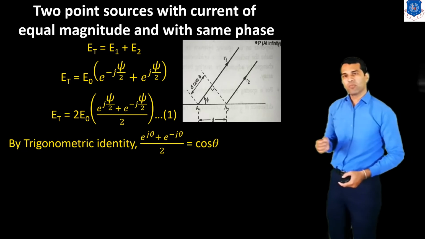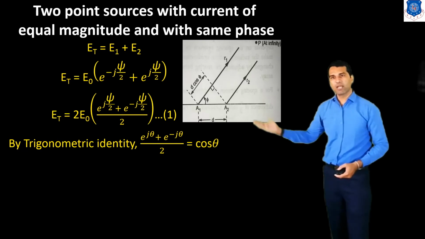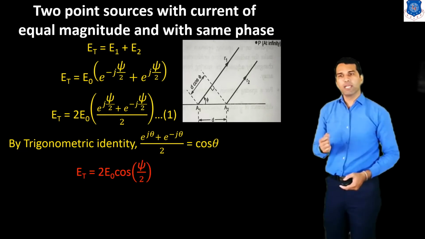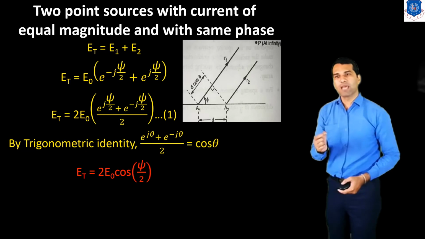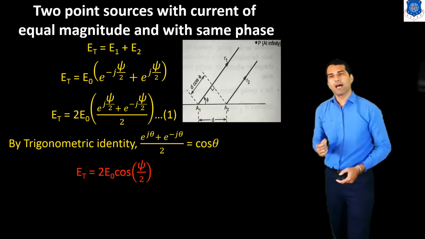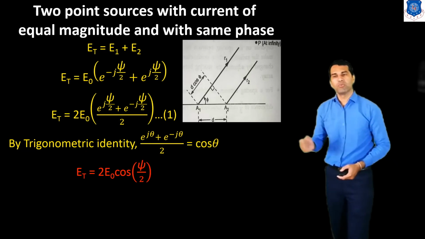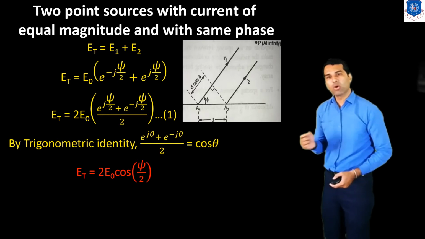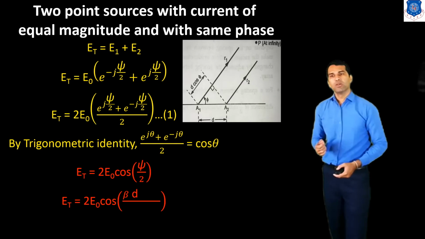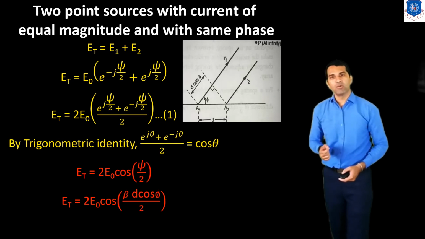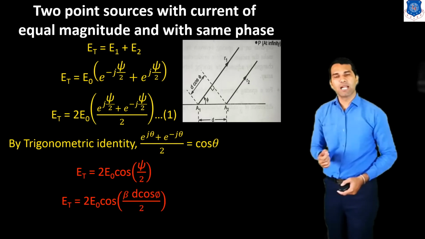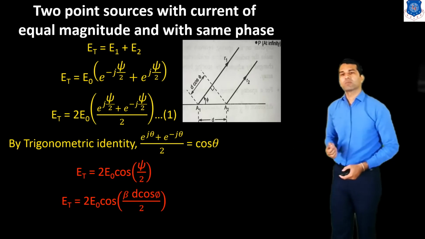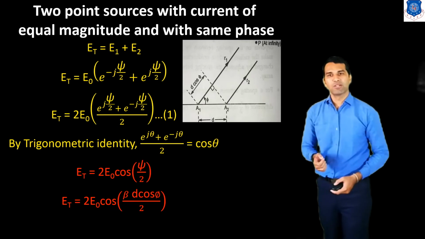So from this identity, equation 1 becomes Et equals 2E0 cos psi by 2, with psi by 2 in place of theta. Since the phase angle is beta d cos phi, we put Et equals 2E0 cos of beta d cos phi by 2.